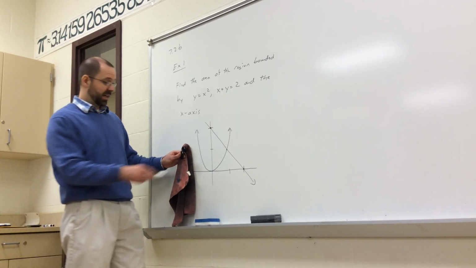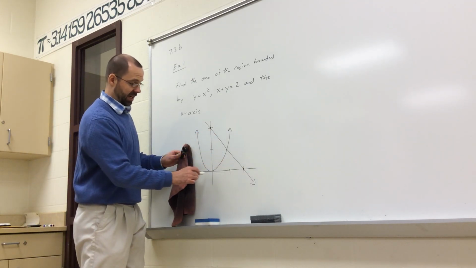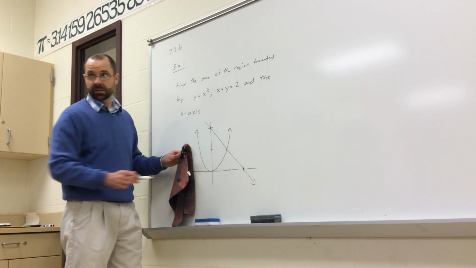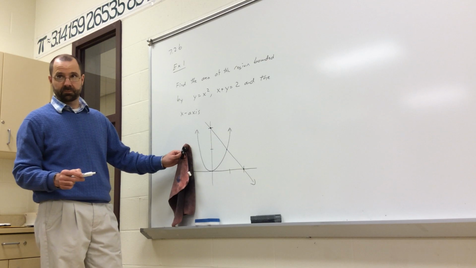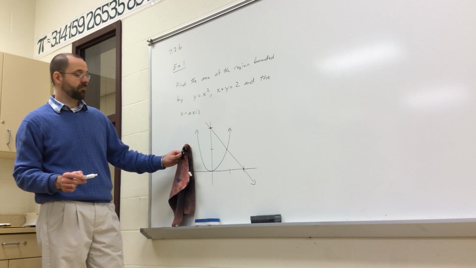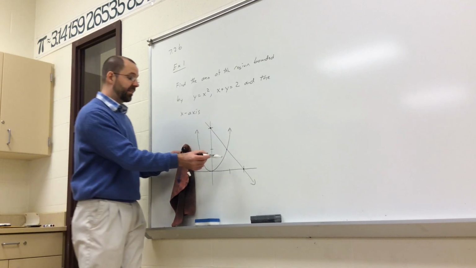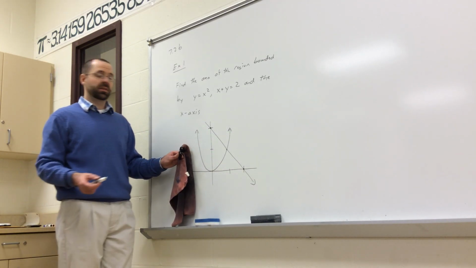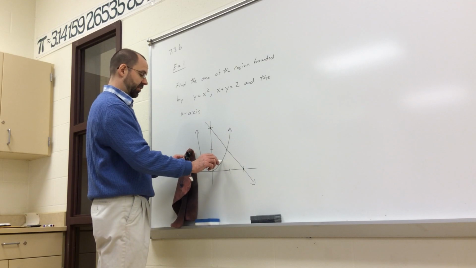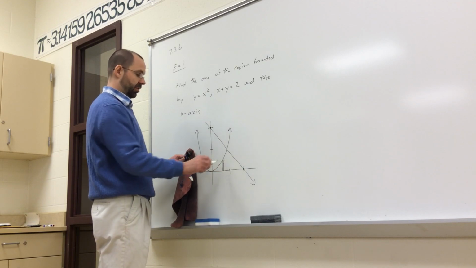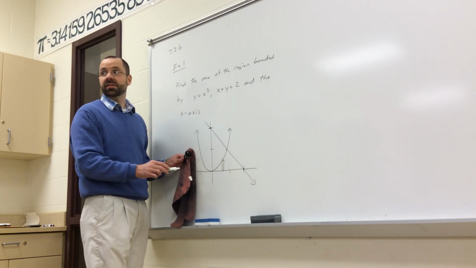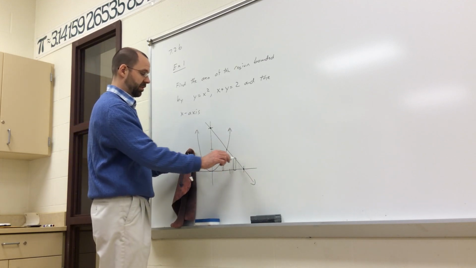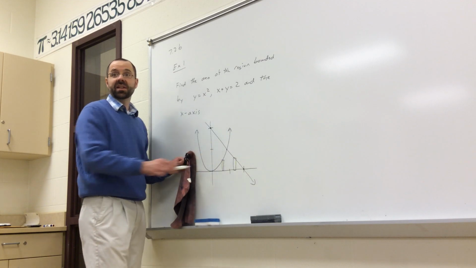So it's supposed to be bounded by the curve, the line, and the x-axis. So that's this right here, right? All right, so finding that area is a little bit awkward because these rectangles go from the curve to the x-axis, but these rectangles go from the line to the x-axis.